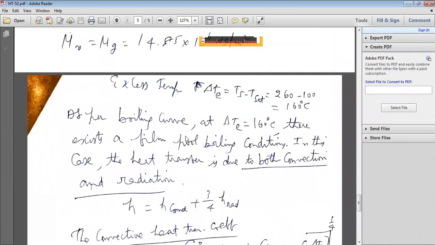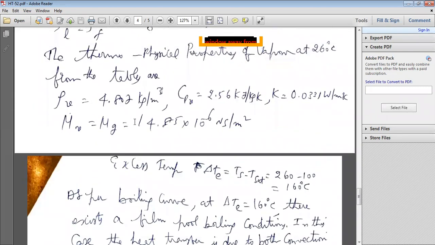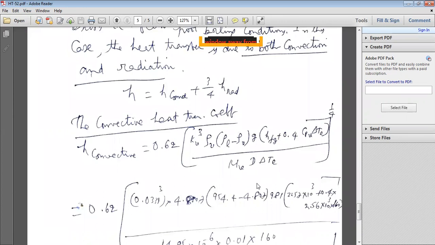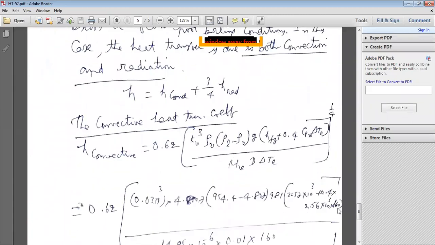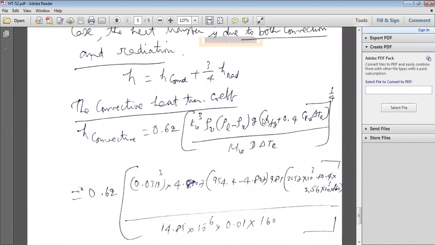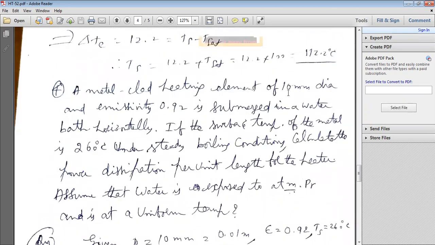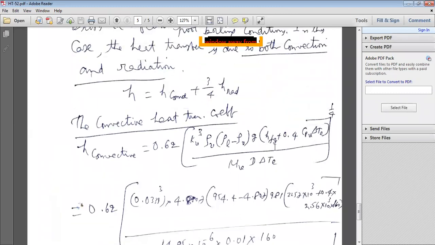So 0.62 into kV, thermal conductivity of vapor, 0.0331 cubed, into rho V 4.807, into rho L 954.4 minus rho V 4.807, into g 9.81, into h_fg 2257 into 10 cube joules, plus 0.4 into C_pV, the specific heat of the vapor at constant pressure, 2.56 into 10 cube into delta T excess 160, divided by dynamic viscosity of the vapor 14.85 into 10 power minus 6, into the diameter of the metal cladding 10 mm, so 0.01 meters, into delta T excess, that is 260 minus 100, 160.